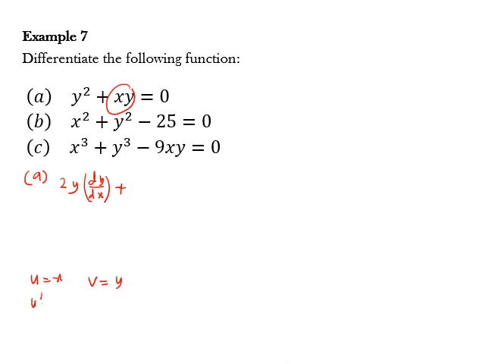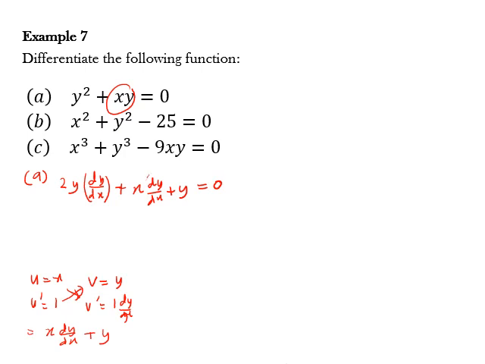So u prime equals 1, v prime equals 1 dy/dx, because every time you differentiate y, you need to put dy/dx. So now your differentiation will be x dy/dx plus y. So we put it here, x dy/dx plus y equals 0.